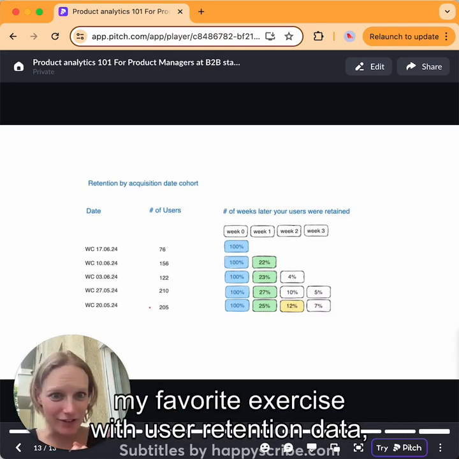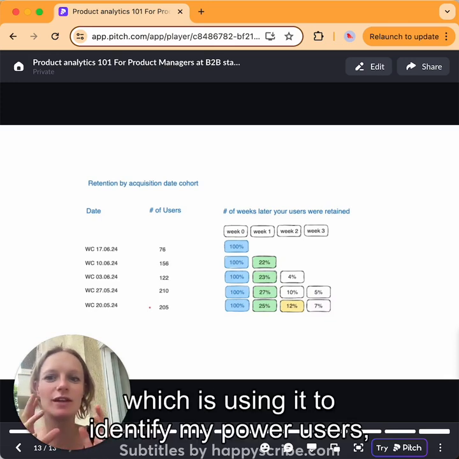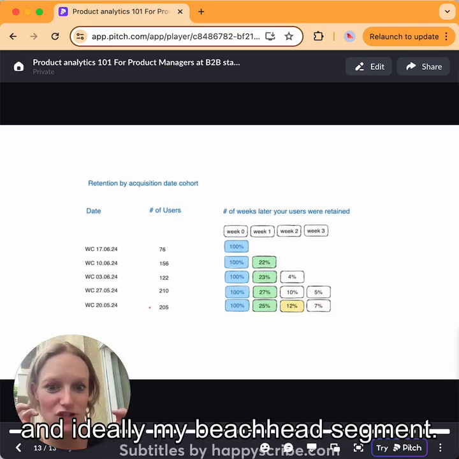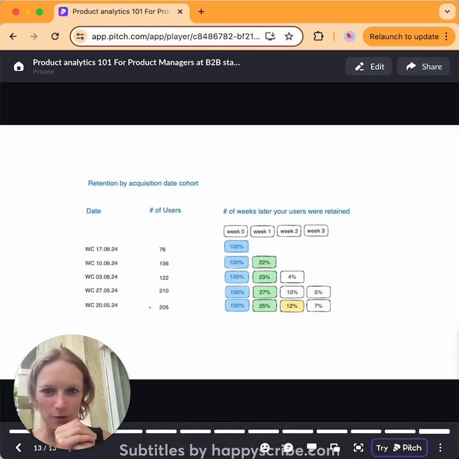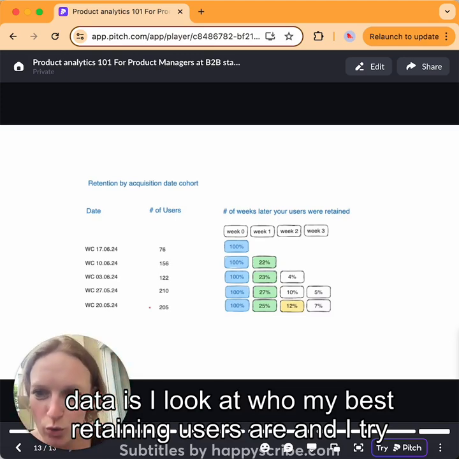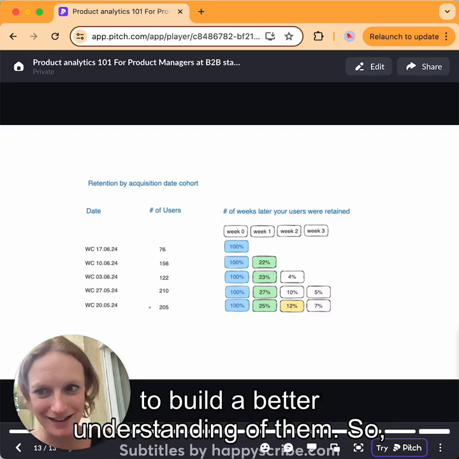Now my favorite exercise with user retention data is using it to identify my power users and ideally my beachhead segment. Because the most important thing I do with retention data is look at who my best retaining users are and try to build a better understanding of them.